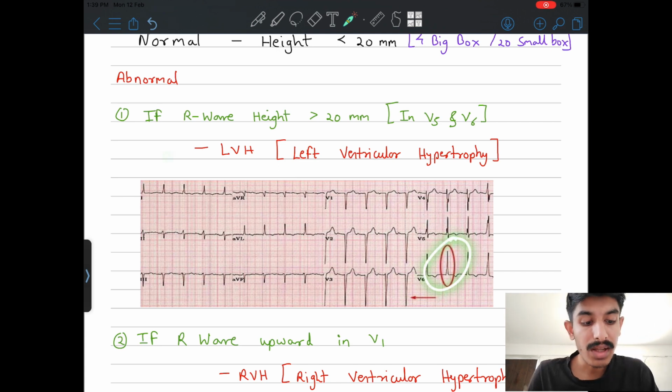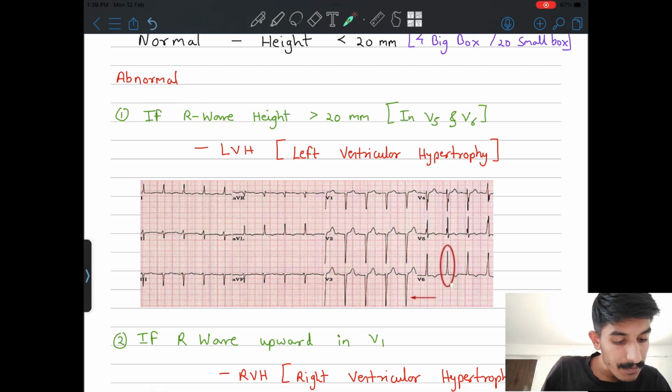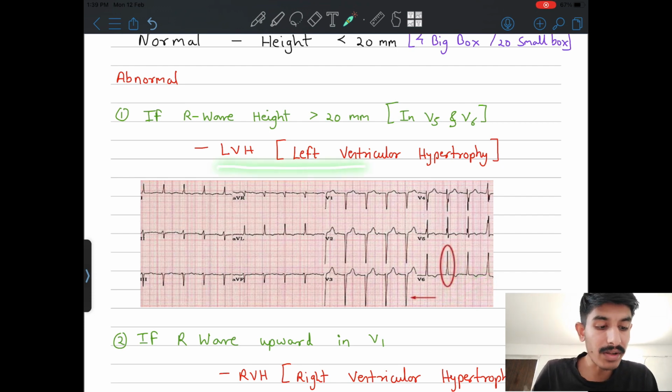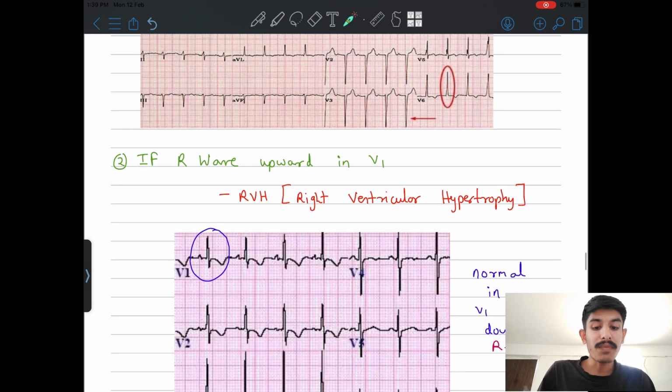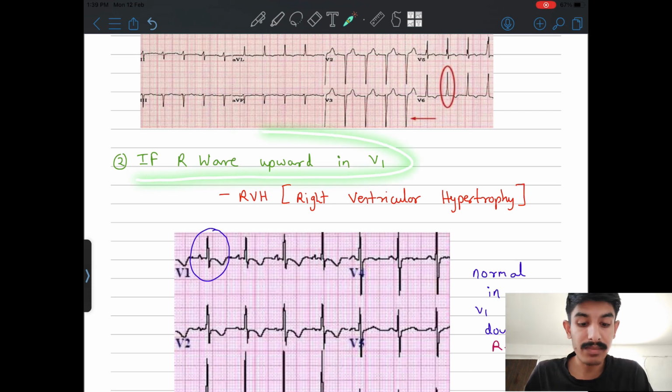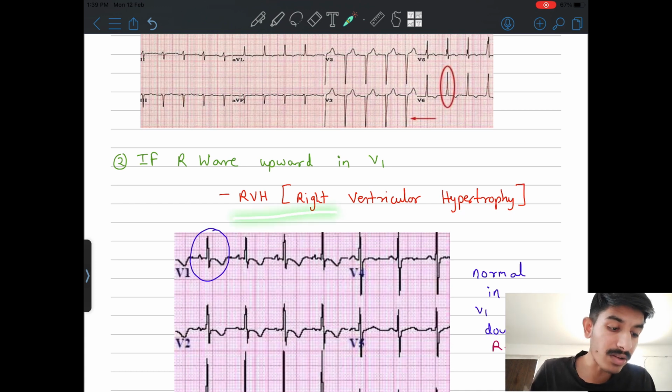So it tells about left ventricular hypertrophy. What is hypertrophy? Hypertrophy means the heart wall of the left side has thickness and it is making irregularity in the ECG. Always remember this. You can see in this V6 it is more than 4 big boxes, so it is left ventricular hypertrophy. And if the R wave is upward in V1, usually it is downward, but if it is upward then it is right ventricular hypertrophy.